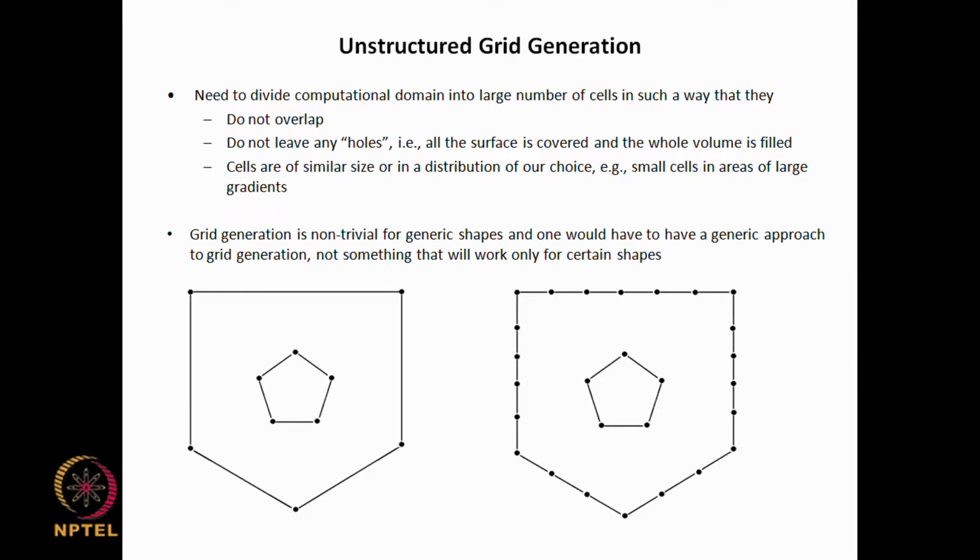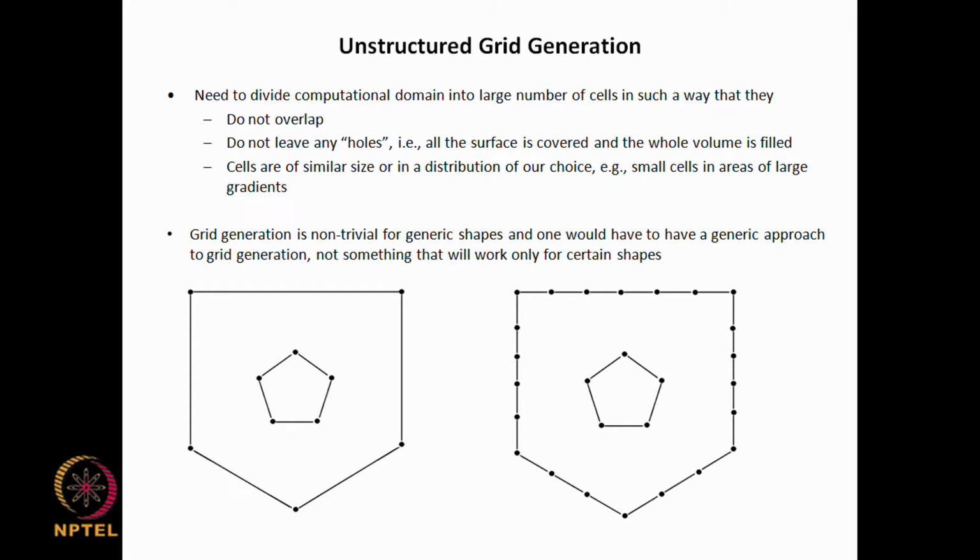When you look at grid generation, we need to have the basic theme incorporated in a procedure, which is to divide the computational domain into a large number of small cells, and this is to be done in such a way that the cells do not overlap, they do not leave out any holes, that is, all the bounding surface should be covered without any gaps.